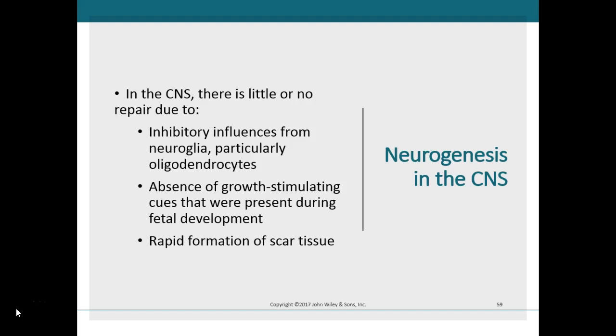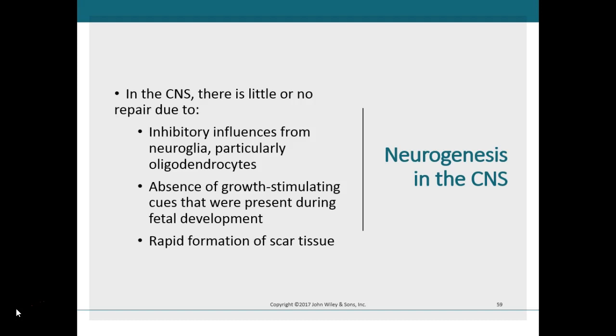It's thought to be the result of inhibitory influences from the neuroglial cells, especially the oligodendrocytes, and the absence of growth-stimulating factors and cues that were present during fetal development. Axons in the central nervous system, remember the brain and spinal cord, are myelinated by oligodendrocytes rather than Schwann cells.